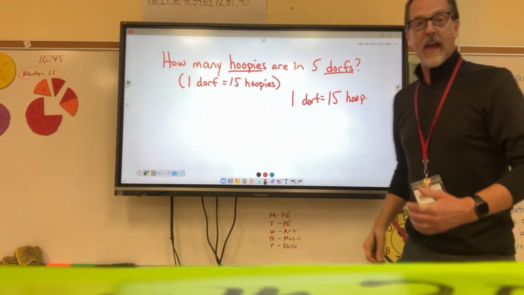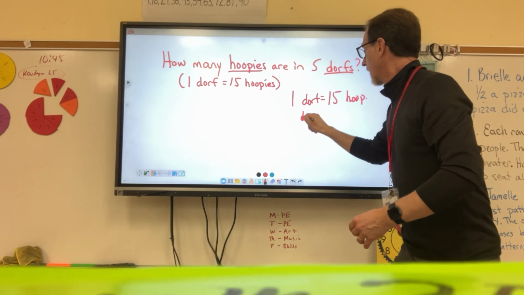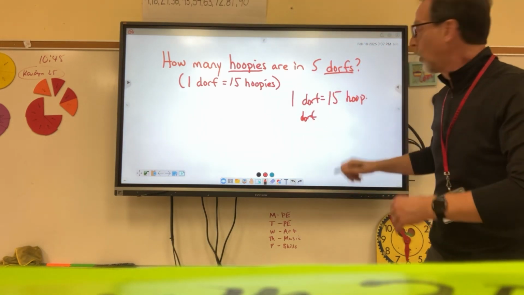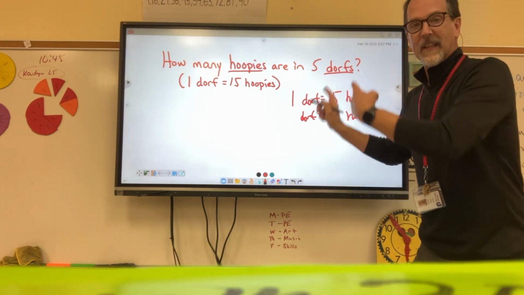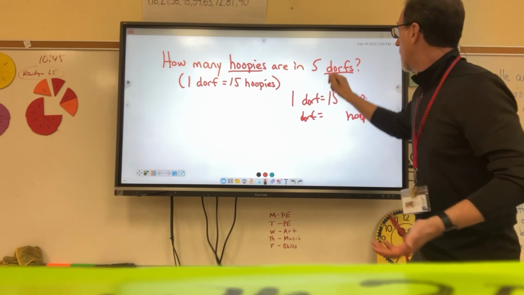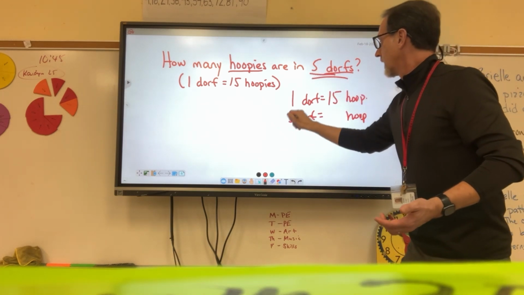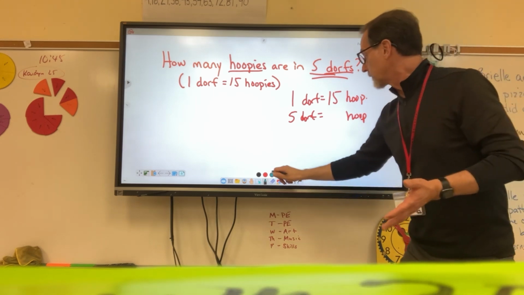All right? Now, I have to put dwarfs over dwarfs. And I got to put hoopies over hoopies. What did the problem tell me? Did it tell me dwarfs or did it tell me hoopies? It told me 5 dwarfs here. Okay? So I'm going to draw my diagonal now. Where's my diagonal?